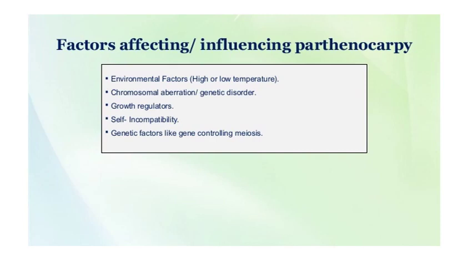Self-incompatibility also influences parthenocarpy, while genetic factors like genes controlling meiosis are also influencing parthenocarpy. These are the factors that affect parthenocarpy and create the parthenocarpic fruit and vegetable crops.